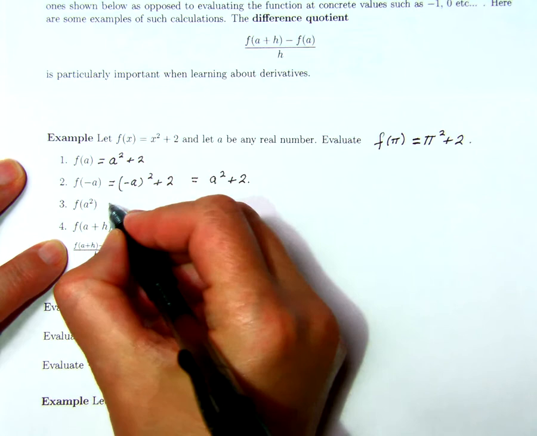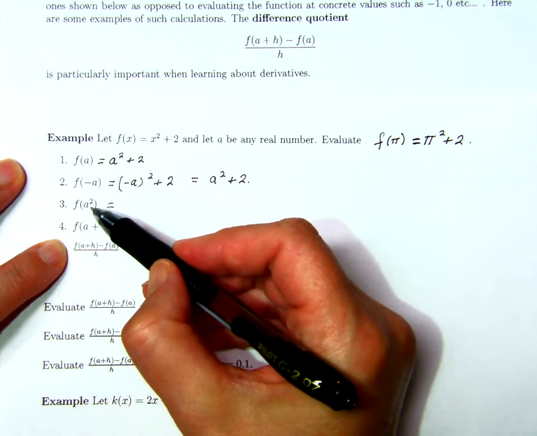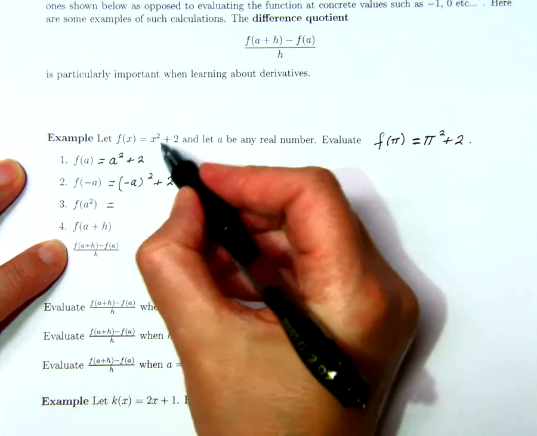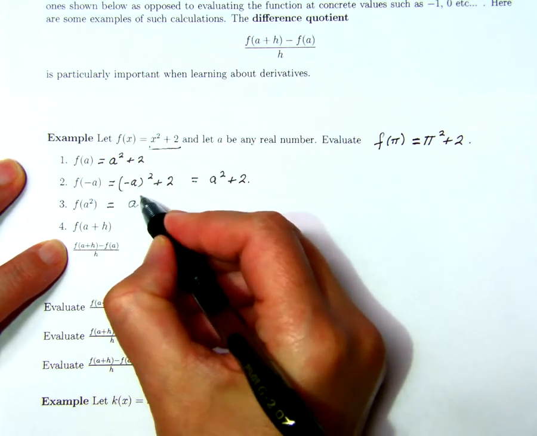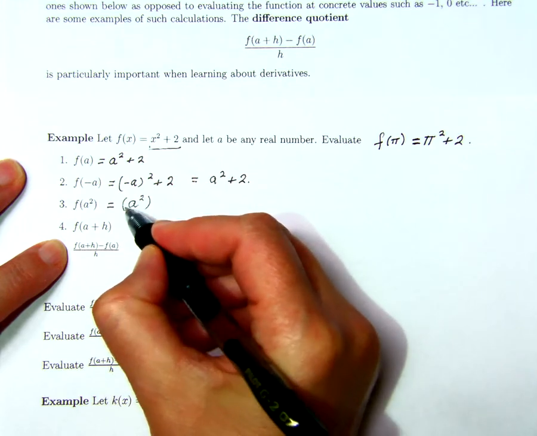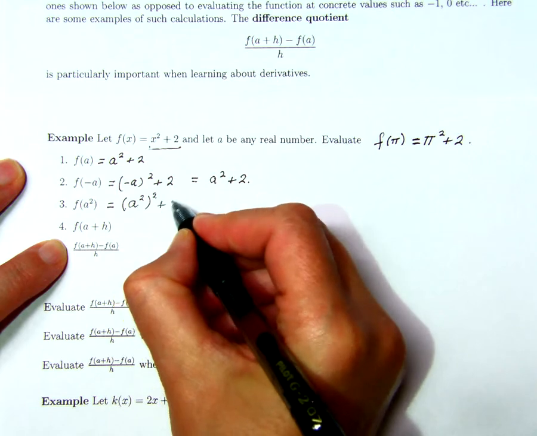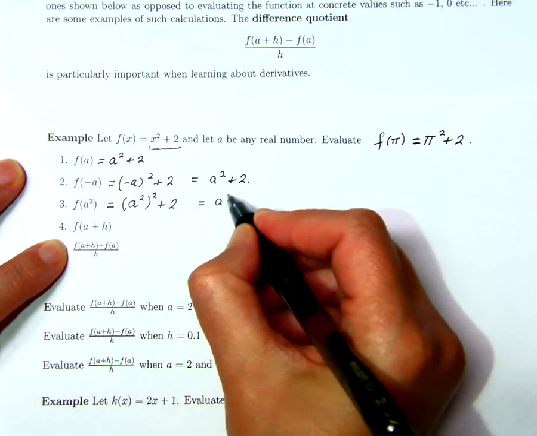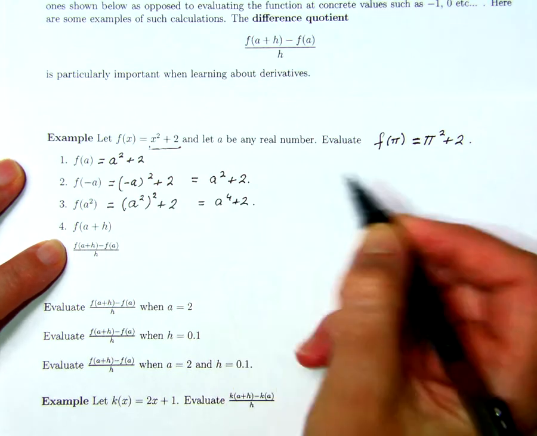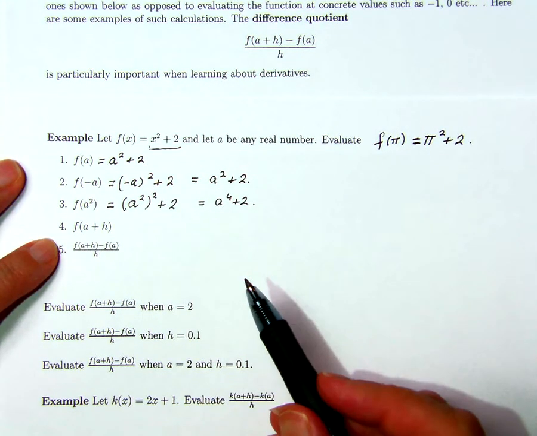F of a squared, well, what's that? I've replaced x here by a squared, so I must replace the x in the formula by a squared to get what it actually equals, and I get a squared squared plus 2. And now the rest are details. A squared squared is a to the 4 plus 2, and that's my answer for f of a squared.